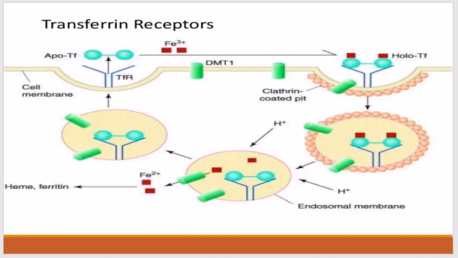Now, in this diagram, these are the transferrin receptors, and the iron is transported by this DMT1 transporter, and the ApoTF is not dissociated. The iron is endocytosed by the presence of clathrin coated pits into the vacuole and endosomal membrane, and then it is dissociated into its ferric form, and that is bound with the ferritin.